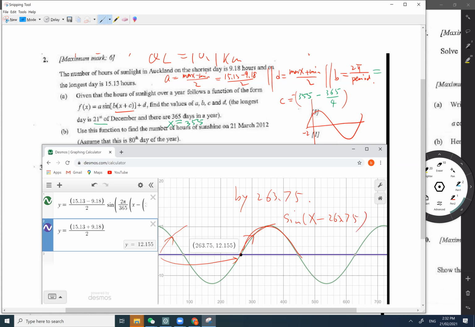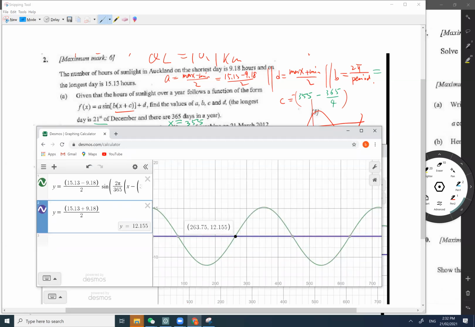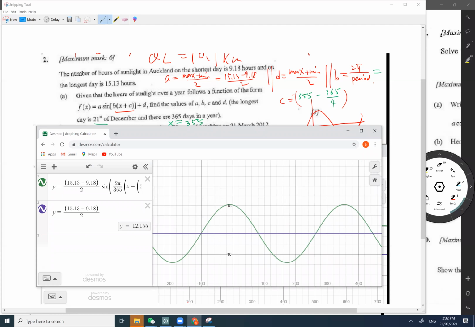But if you hope to find a positive number, because minus this means move to the right, you can also move to the left, like here, this point, not starting from 0.